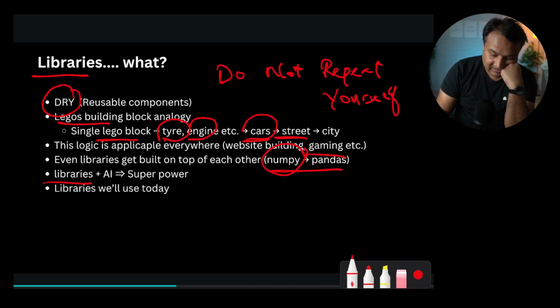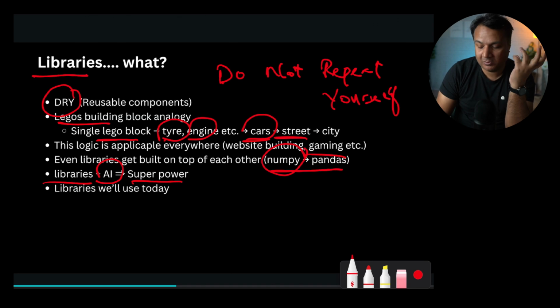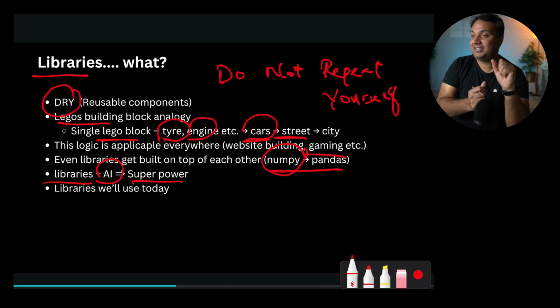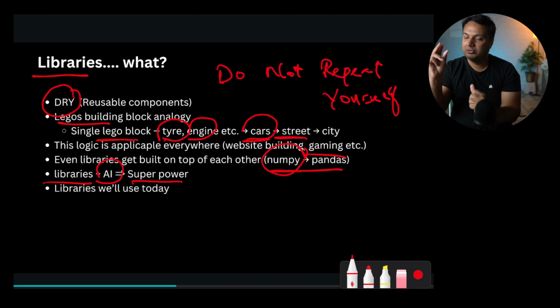So libraries plus AI is a superpower. Now, why would I say that? If you know what libraries you would be using, you're already doing things from a very high leverage perspective. You already are leveraging someone's years of work. And when you use AI, you can basically ask AI, I want to use this library to solve this problem.